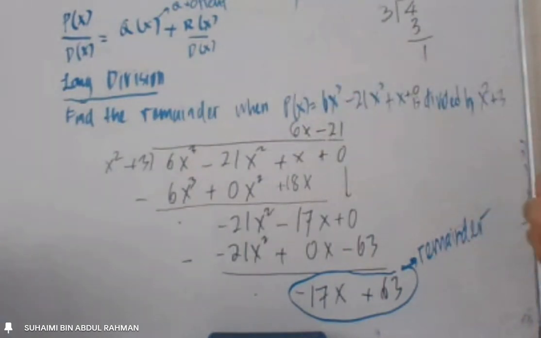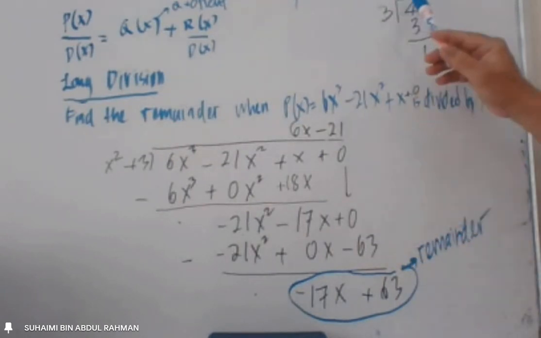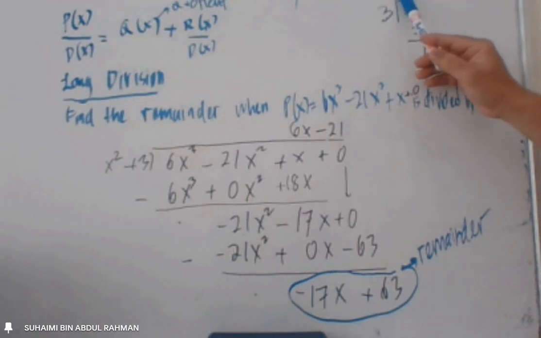If the question asks for the quotient instead of the remainder, what is the quotient in this case? Is it 6x minus 21? Yes, sir, this one.